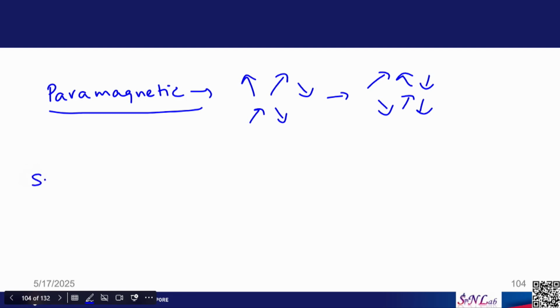So, superparamagnetic refers to a situation that, let us say you have a ferromagnetic cylinder. Inside this cylinder you have many spins, right.